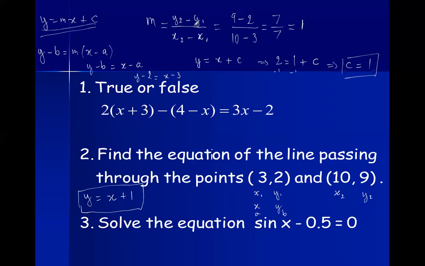So y2 minus y1, 9 minus 2, that's 7. 10 minus 3 is 7, so that's 1. I'm happy with that. Now, if I replace y, oh, look at what I've done here. I've put a 1, this is a 3.